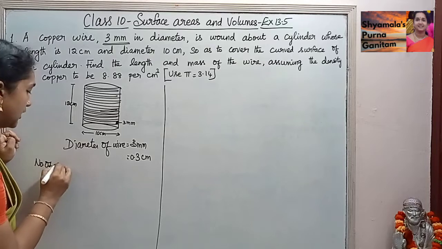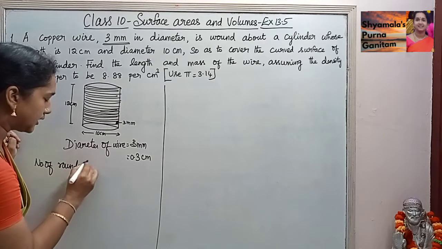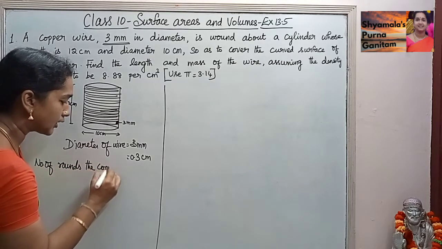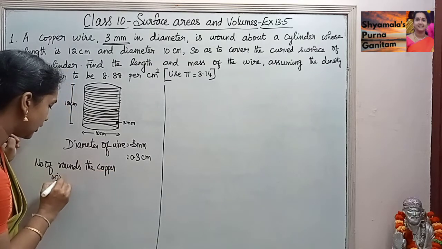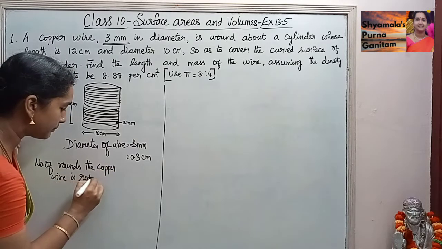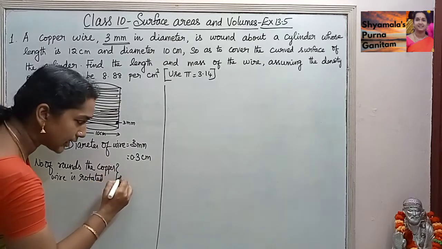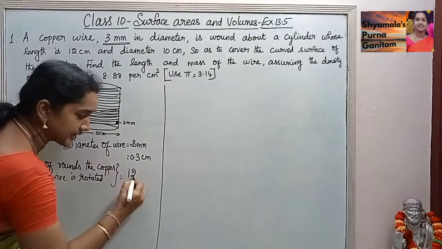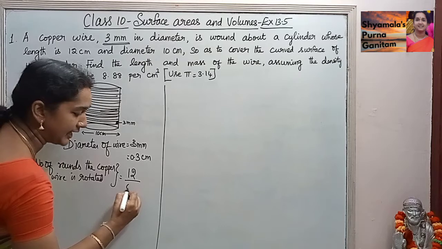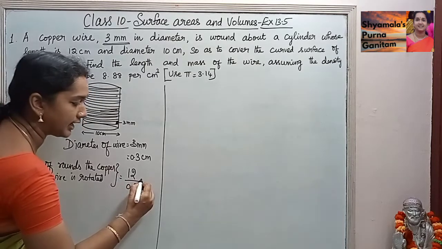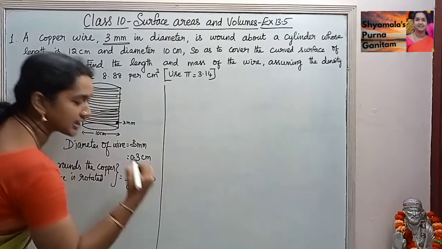So the number of rounds the copper wire is rotated is equal to the length of the cylinder, 12, divided by the diameter of the wire, 0.3. So we get the number of rounds as 40.